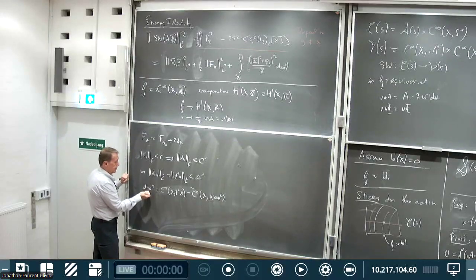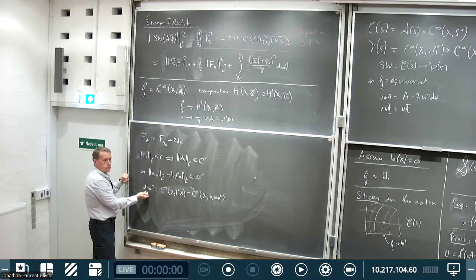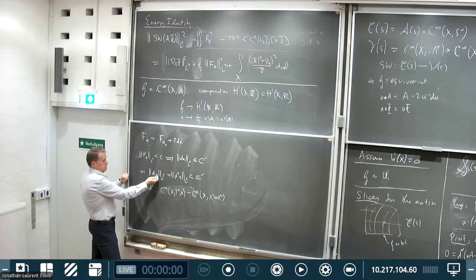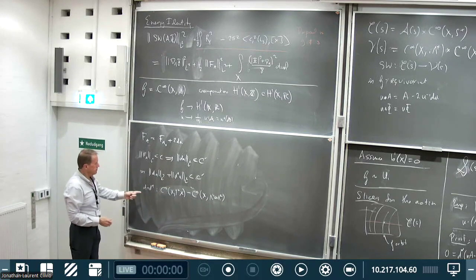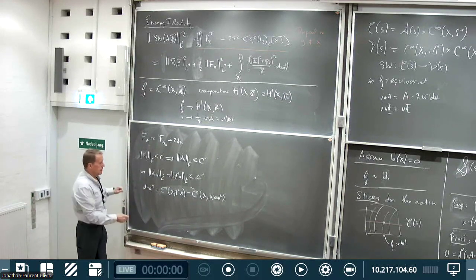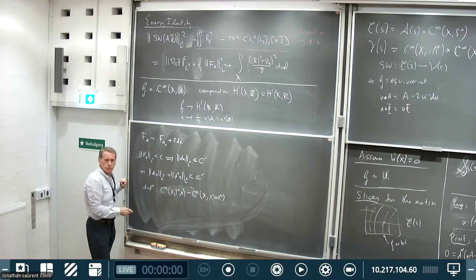So if I have an L2 bound on its image, I get an L2 one bound on A, provided I have an L2 bound on A. But I'm assuming that B1 is 0.